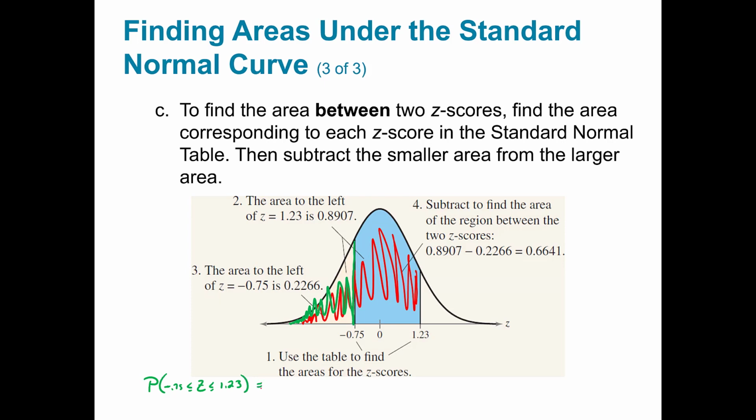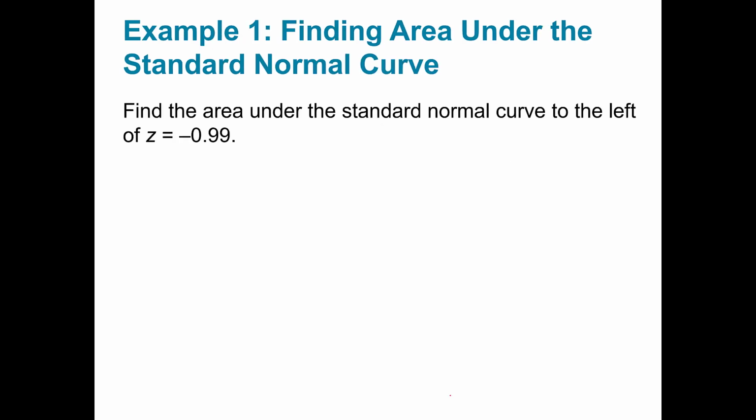The way we would do that, we would look up the 1.23 on our table, get the area to the left of that, which in this case is 0.8907, and then subtract off the area to the left of negative 0.75, which is 0.2266. That difference, in this case 0.6641, is our area between the two, or the probability that z is between those two z values. So let's look at an example.